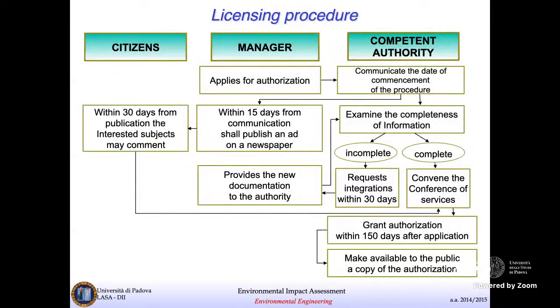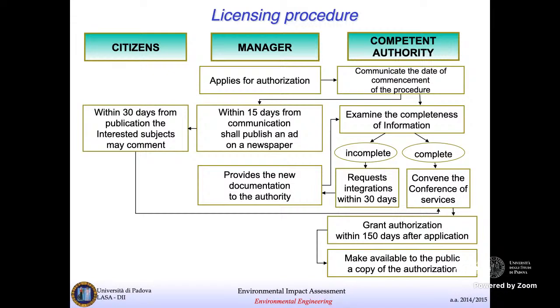The licensing procedure, again, let's give a look. The actors: citizens, or public, manager, and competent authority. The manager applies for authorization to the competent authority, and the competent authority then communicates the date of commencement of a procedure.